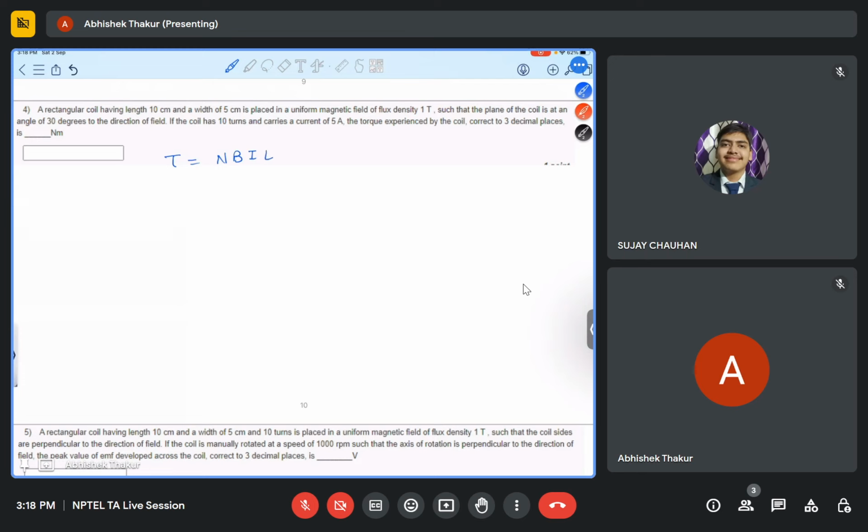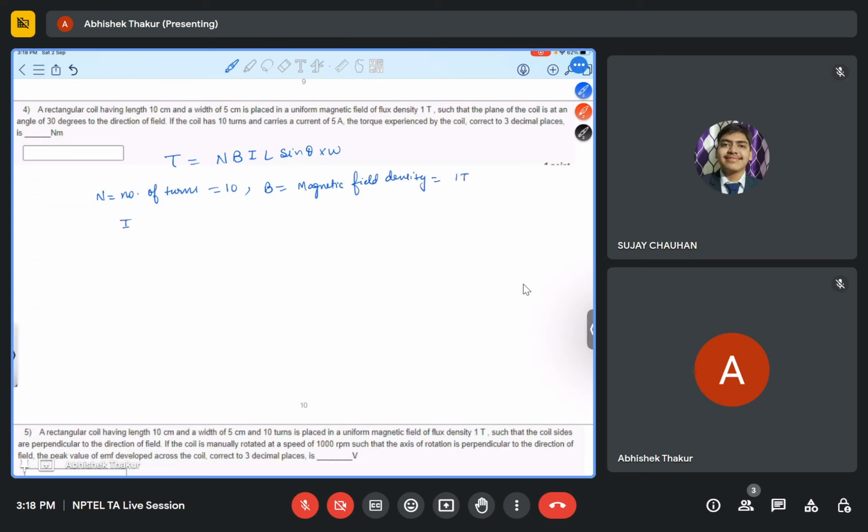So I L, and here it will become sine theta, times W. N is the number of turns, that is given in this question as 10. B is the magnetic flux density, that is given as 1 Tesla here.